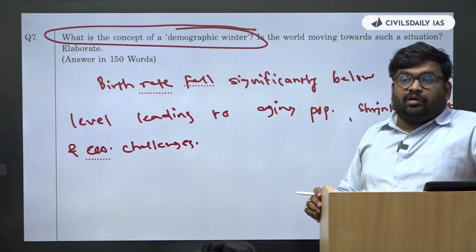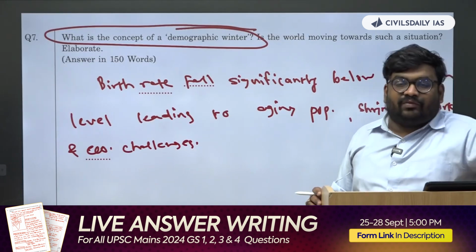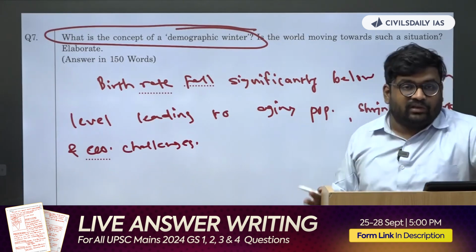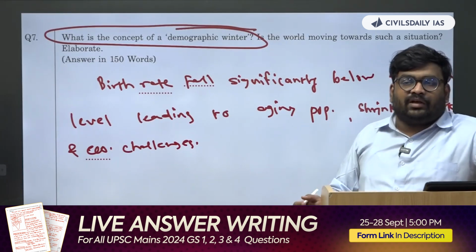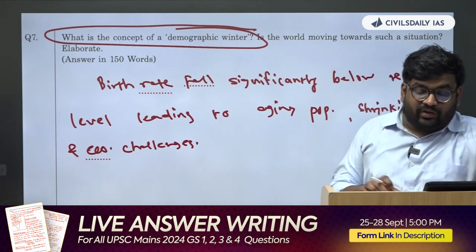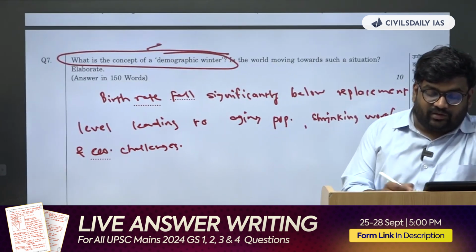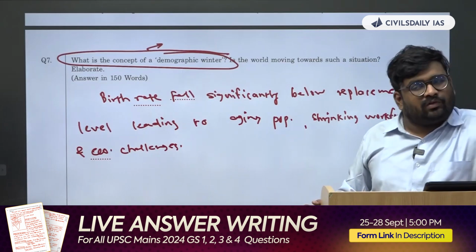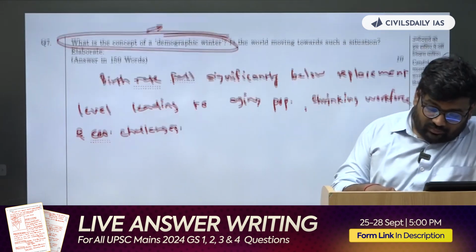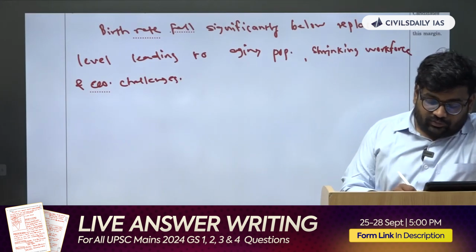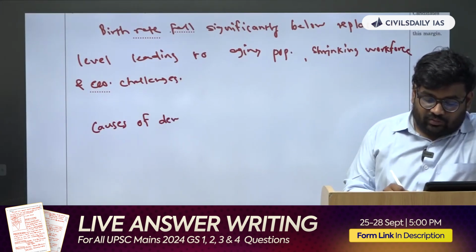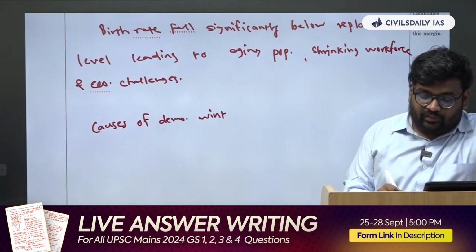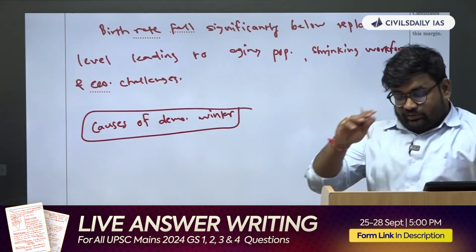What is our framework? The definition and data are not sufficient. After that, we will use a diagrammatic representation. So what can we do in the diagrammatic representation? Causes. Causes of demographic winter.